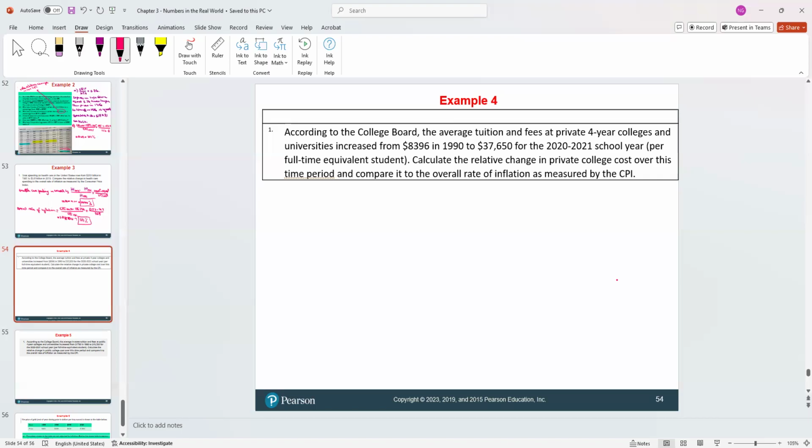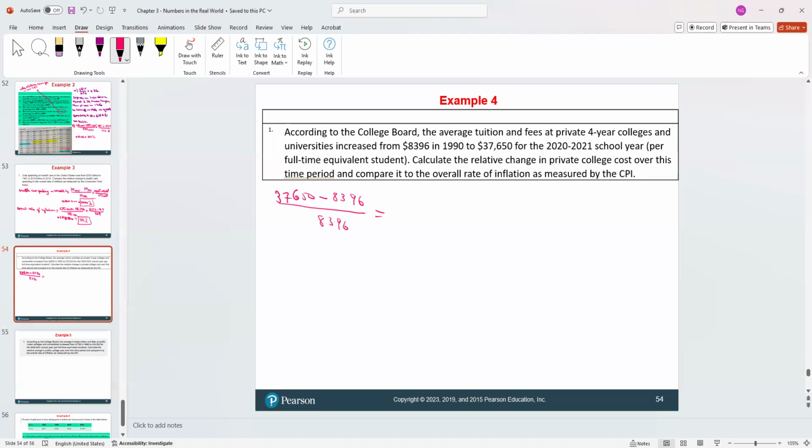All right. So the same thing we did with the previous numbers. We only need to take the $37,650 and subtract 8,396, over the expense in private college, which is $8,396.